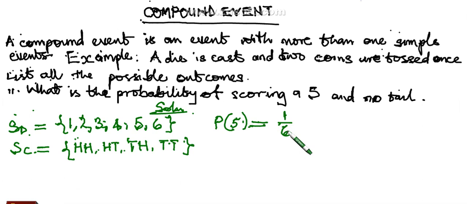Okay, and P of no tail means that there shouldn't be tail in the setup, so it's going to be just HH, that is all head.